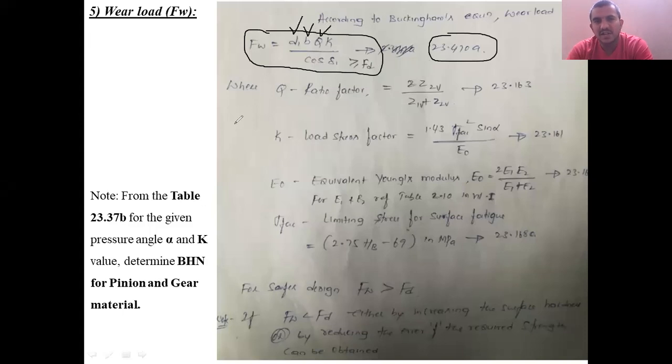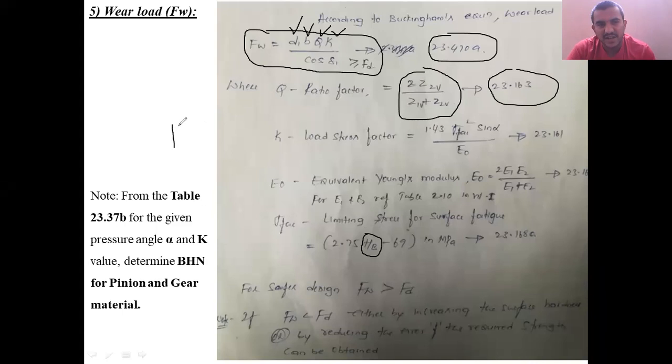Q is the ratio factor, that is 2 times Z2V divided by Z1V plus Z2V. That's equation number 23.16. Then K is the load stress factor. If I know the hardness of the material, then you can use this formula. Otherwise, go for calculating the K value. Where delta 1 is the half cone pitch angle for the pinion.